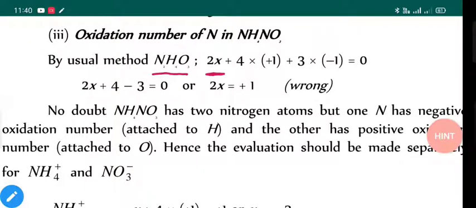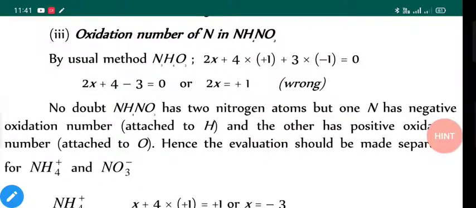For 4 hydrogen we have +4. For 3 oxygens we have -6, not -2. So overall 2x is equal to +2, and that means x is equal to +1. That means each nitrogen has +1 oxidation state if we calculate it using our traditional method.